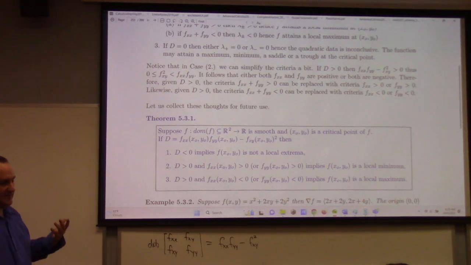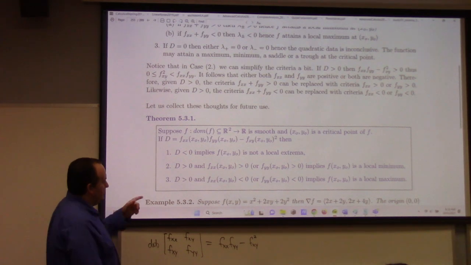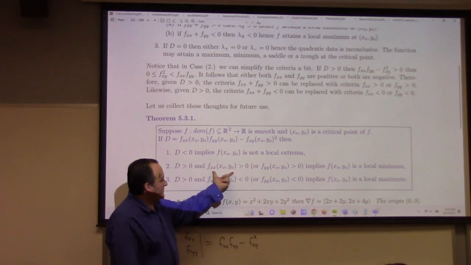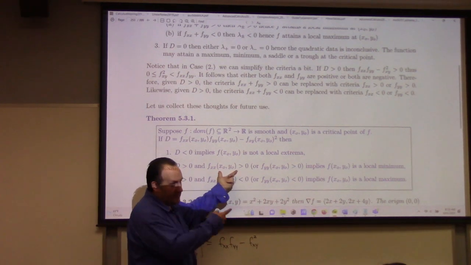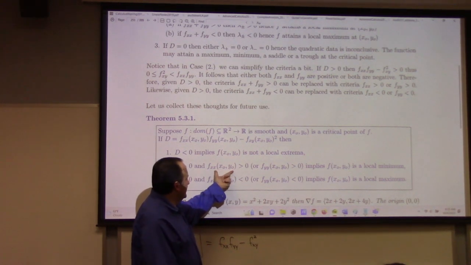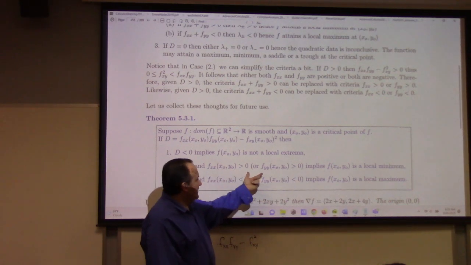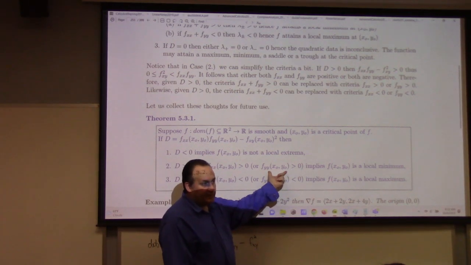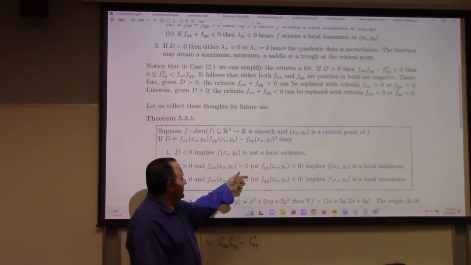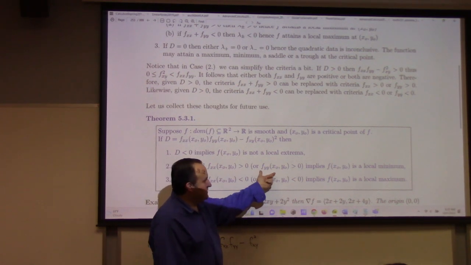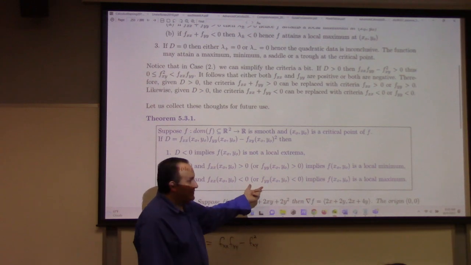On the other hand, if D is positive, and either fxx is positive, actually when you look at the details here, you can check that the second derivative in x is positive, or it would also suffice to see that the second derivative in y is positive. They actually have to share the same sign in this context. So it's a twofer. They're either both positive or both negative.